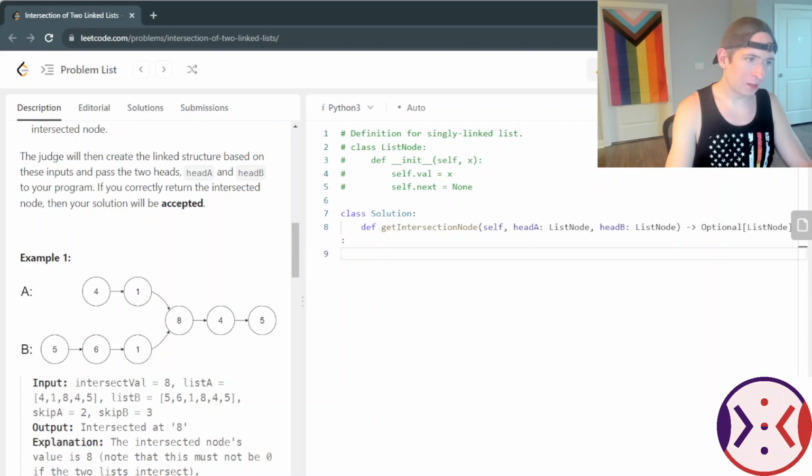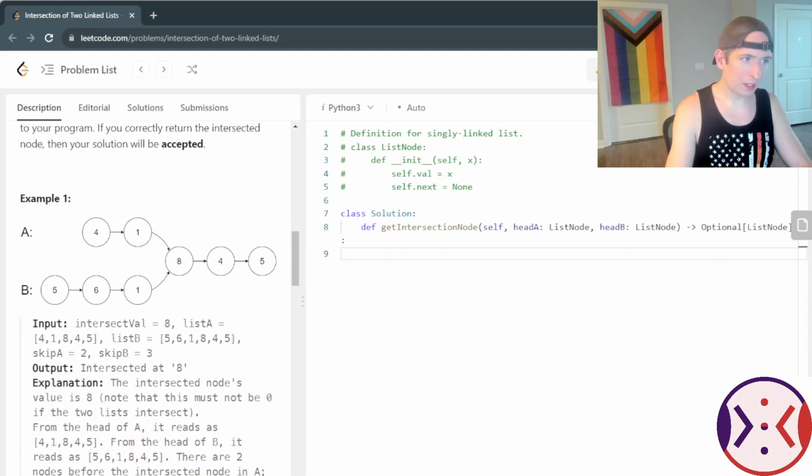And to me, I think looking at this, what I would go for is advancing the longer list such that its starting point is the same length as the smaller list. And then if we advance them at the same time together, we'll be able to detect that intersection.